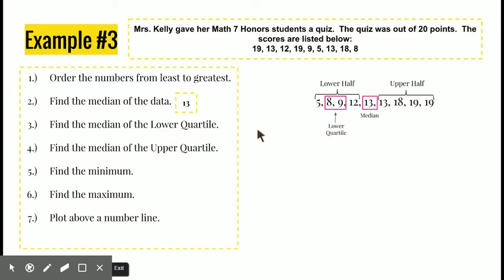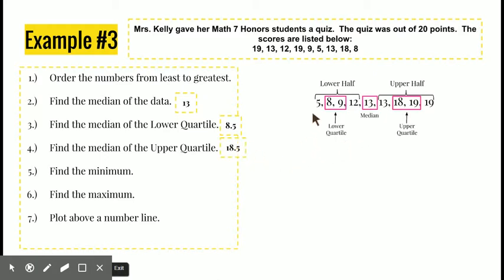That would be 8.5. So the median of this lower half is 8.5, because that's right between those two numbers. In the upper half, we've got two numbers again right in the middle, between 18 and 19, which makes our upper quartile 18.5.